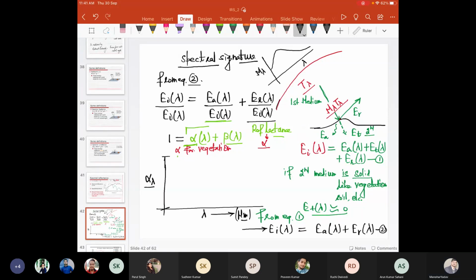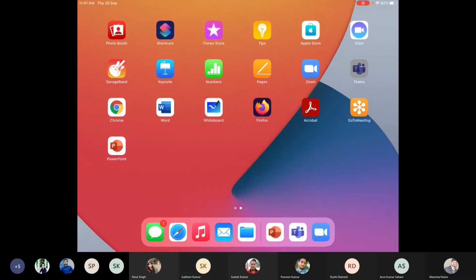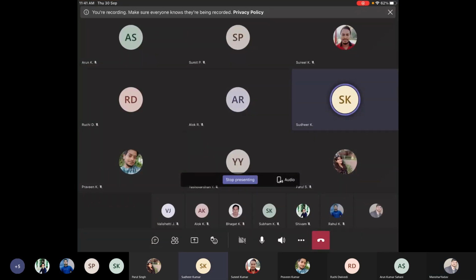And what is the range of alpha, by the way? 0 to 1. 100%, sir. Or we can say 0 to 1 or 0 to 100%. But it will go up to 80% because there will be absorption, and so there will not be 100% reflection. So it will be up to 80% nearly.